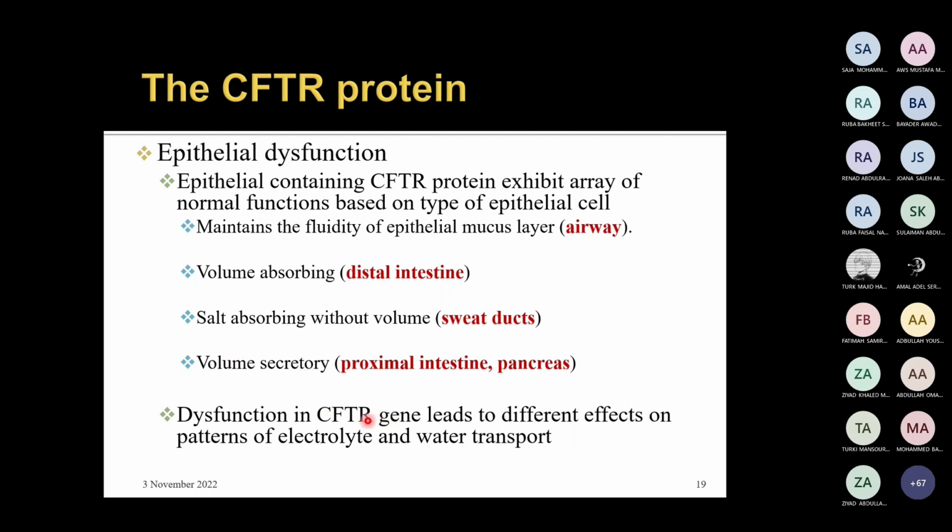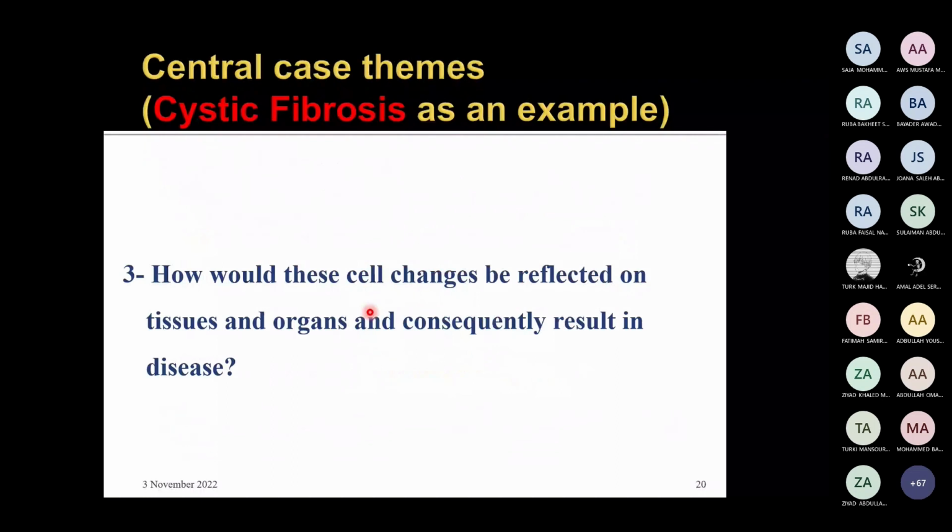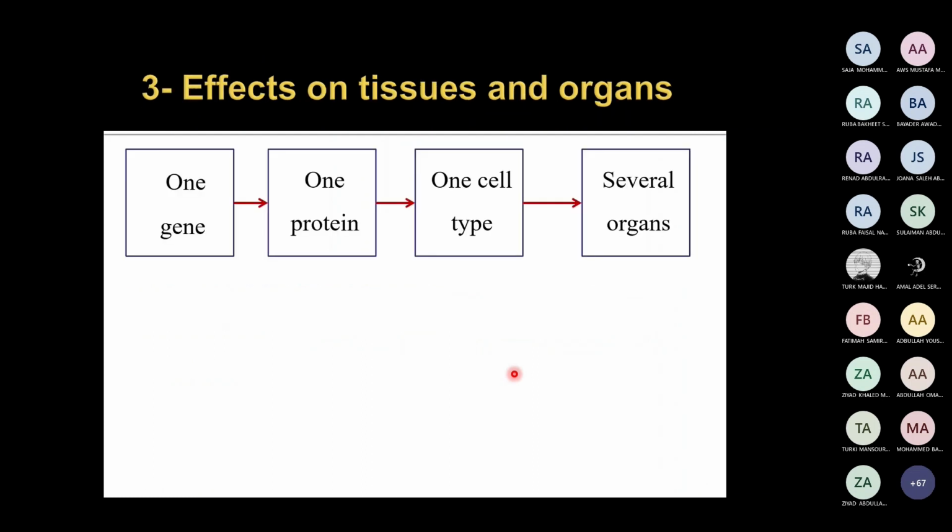So the dysfunction of this protein, resulting from a dysfunction of the gene, has different effects depending on the system, the tissue, or the organ that it is working in. How would the cell change be reflected in tissue and organ? The main paradigm that you have to understand this week is that we had one gene problem that resulted in one protein problem.